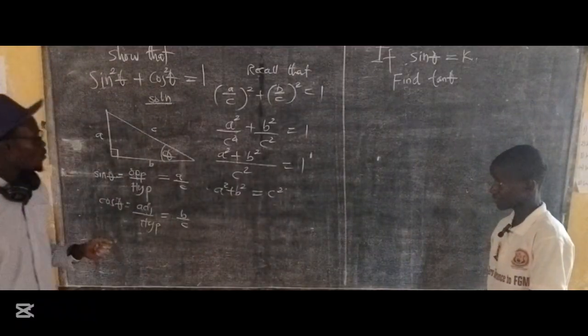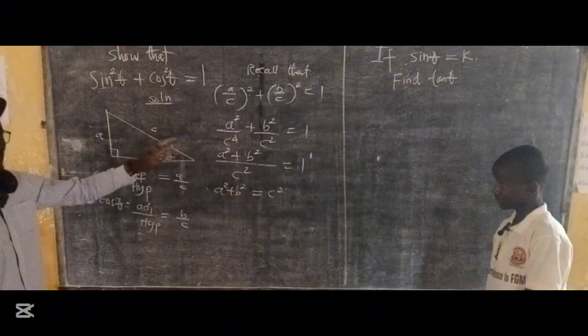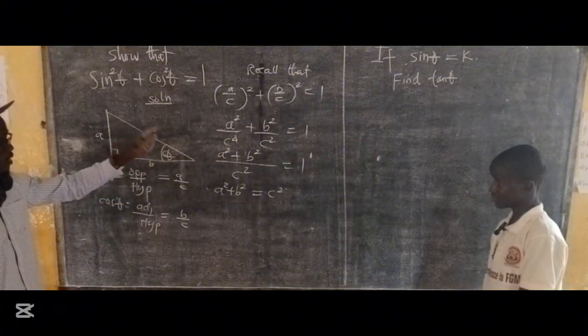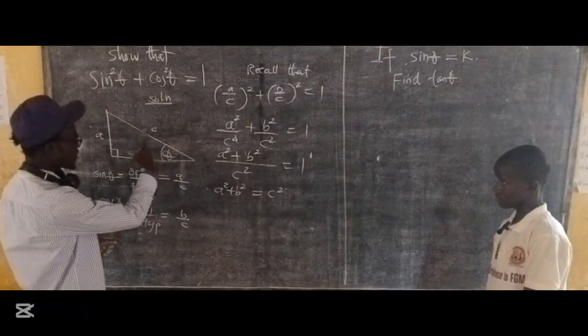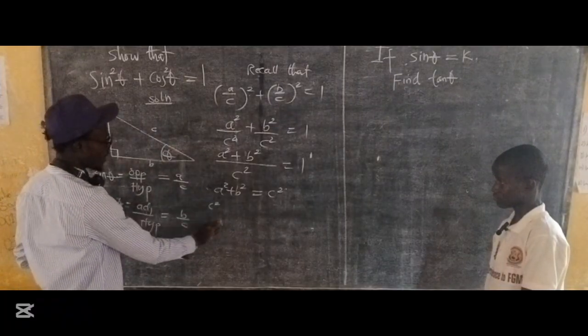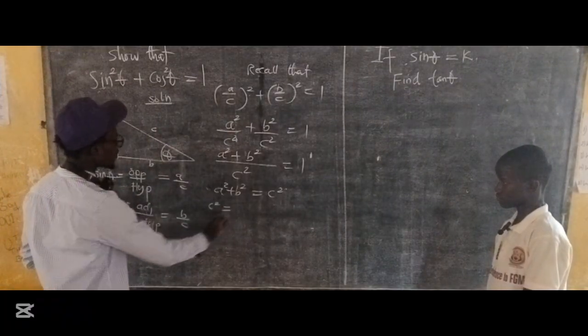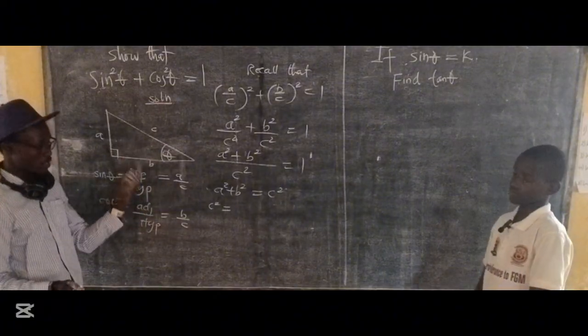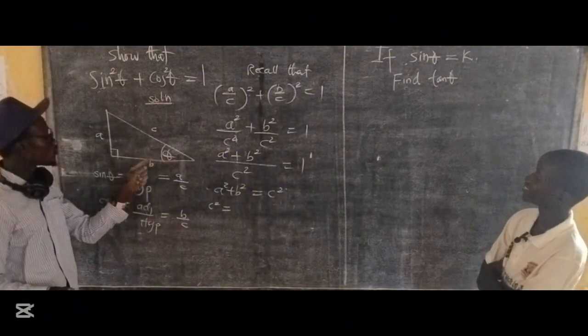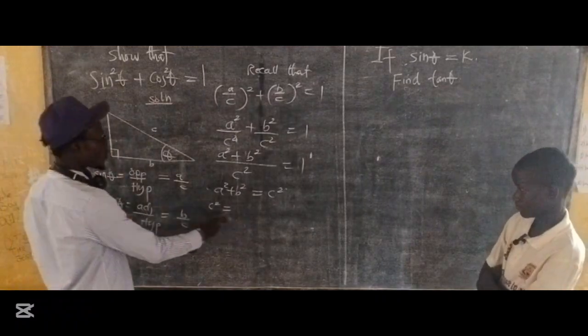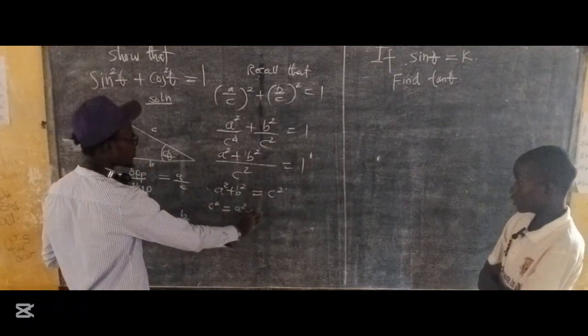Now from Pythagoras theorem, we know that this is the hypotenuse. Just like whenever you are solving problems on Pythagoras, the square of the hypotenuse must be equal to the sum of the squares of the two other sides. That is, this square is equal to A square plus B square.